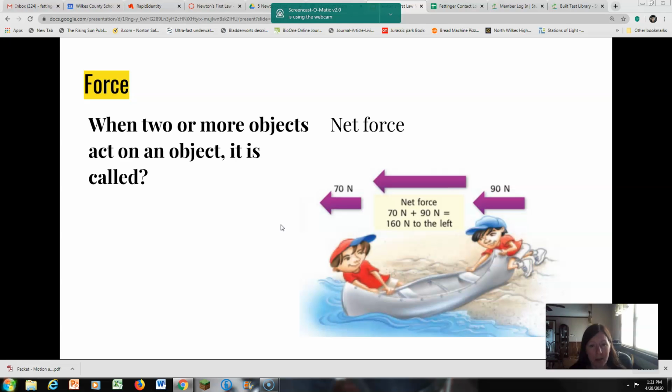The guy who's in the front is pushing with 70 newtons of force. The young man in the rear is pushing with 90 newtons. So the net force of the 2 gentlemen would be 160 newtons. We're going to add them because they're going in the same direction. So you're pushing with a total net force of 160 newtons in this example.